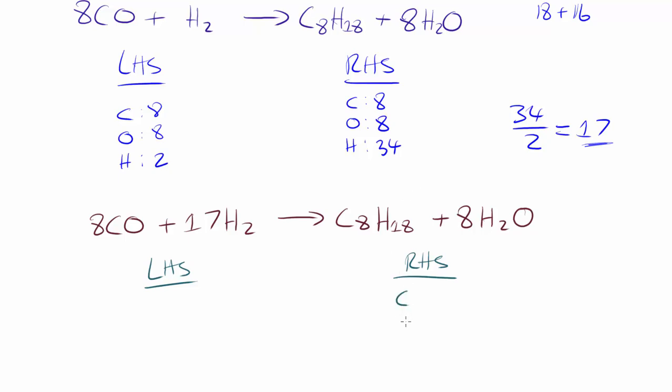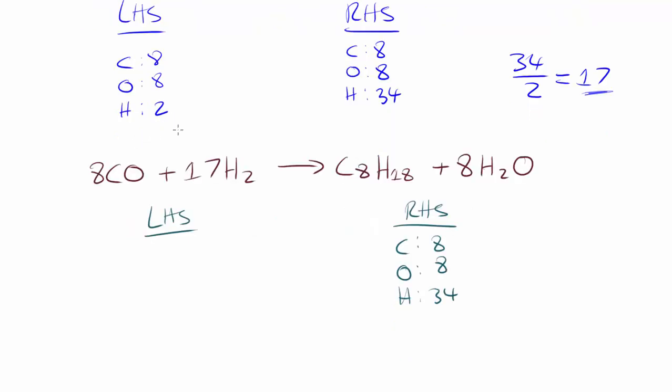So C O H is going to be the same. So 8, 8, 34. What we did do is we changed on the left hand side, we added the 17, right? So C O H. So we've got 8 CO still. Oxygen, we've got 8. For hydrogen, we've got 17 H2, which we know 34 divided by 2 is 17. Obviously 17 times 2 would be 34, right?